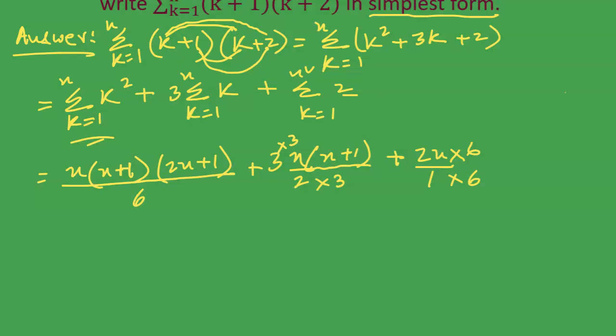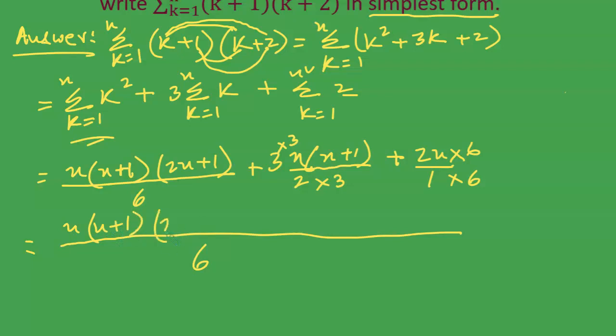So this is equal to the denominator 6, and it is n times (n plus 1) times (2n plus 1), and that is 9 times (n plus 1), plus 12n.